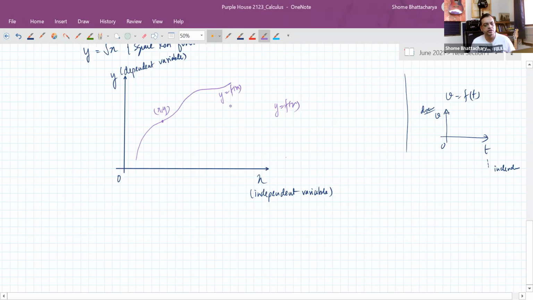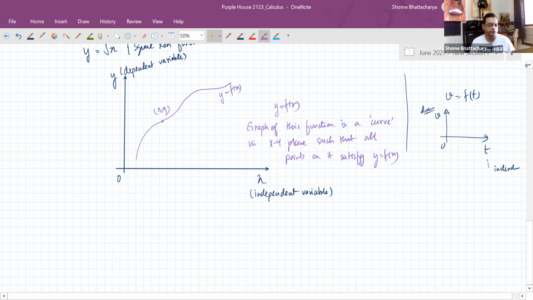The graph of this function is basically a curve in the xy plane such that all points on it satisfy the relation of the function, satisfy y equal to f(x). So simply speaking, that is what we mean by the graph of a function.